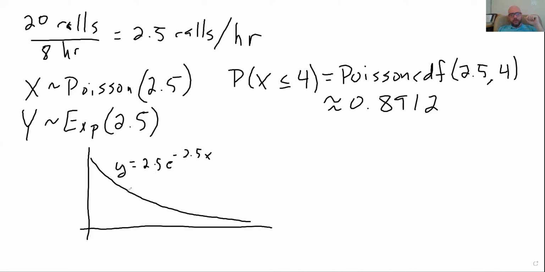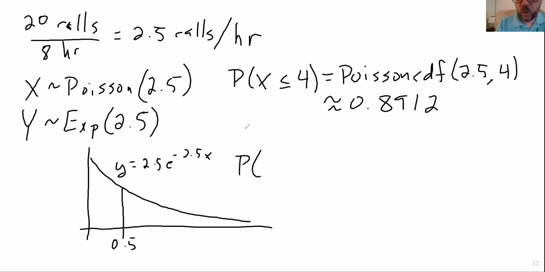So what I want is the probability that y is less than 0.5, not 30, because this 2.5 is in hours, that's calls per hour. I need the number of hours for the wait time, and 30 minutes is half of an hour. So you have to make your units consistent. I'm not using 30, I'm using 0.5.